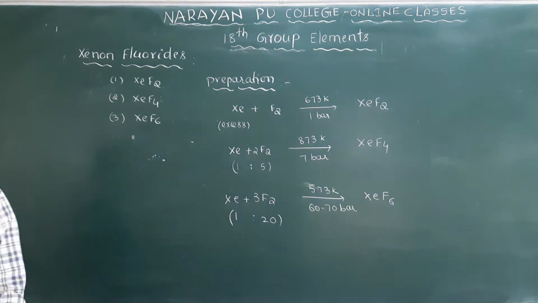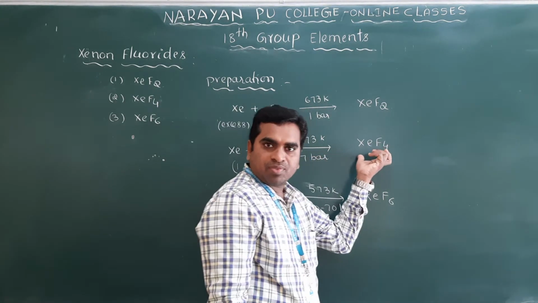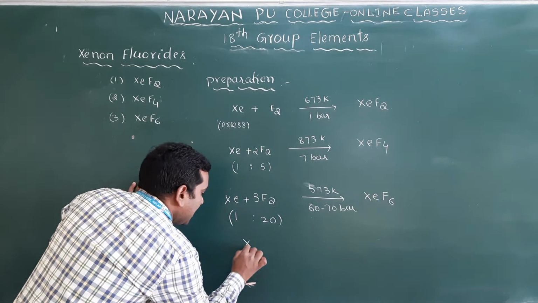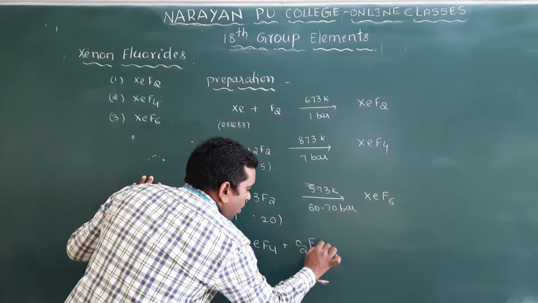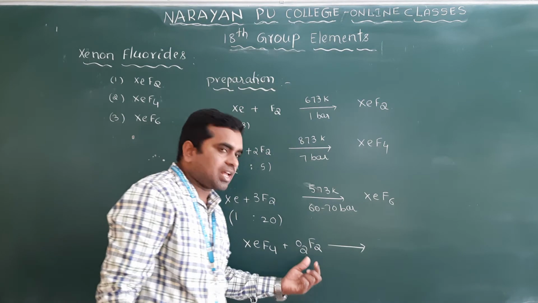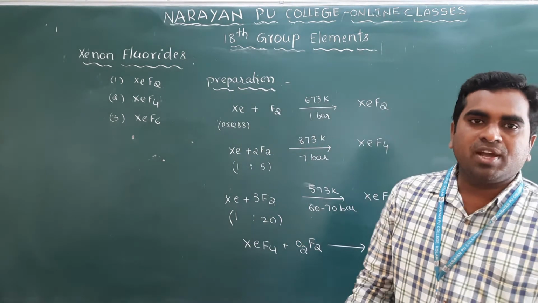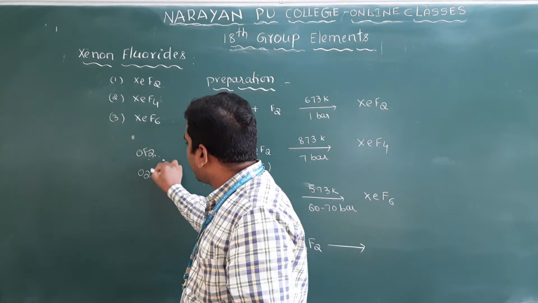Xenon hexafluoride can also be prepared from xenon tetrafluoride. Take XeF4 and dioxygen difluoride. I already mentioned that fluorine forms two types of oxides, OF2 and O2F2.